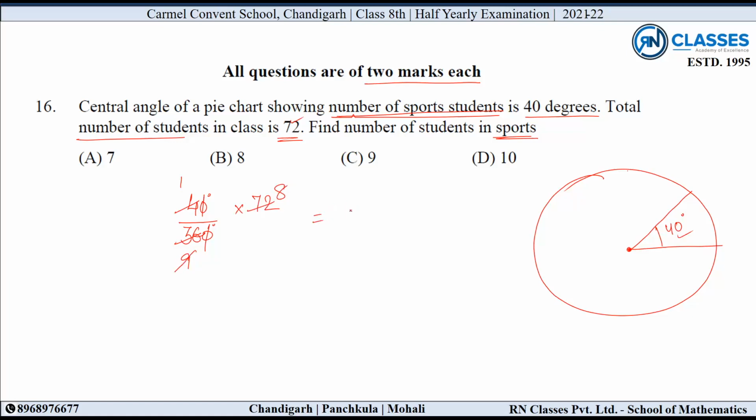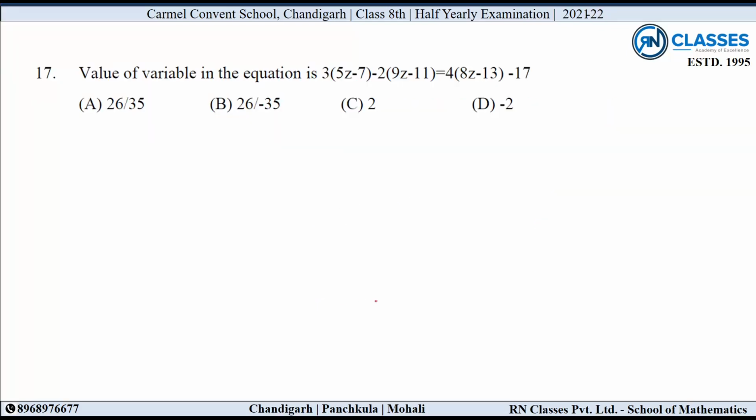So total number of students is 8 students, जिनको हम बोल सकते हैं sports students who like sports. Right? Only 8. Answer is B part. As simple. Nothing to do much.